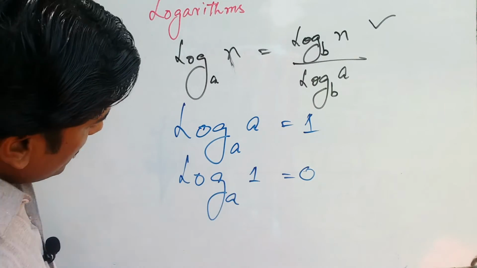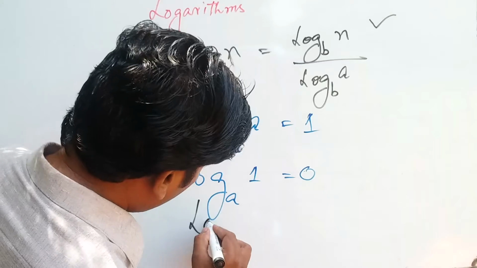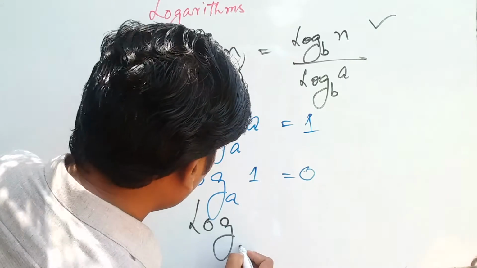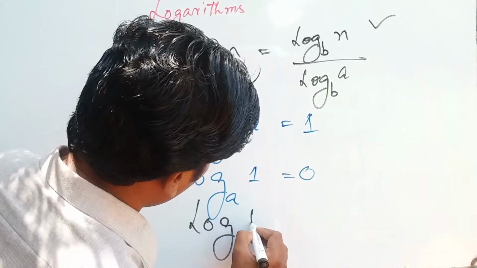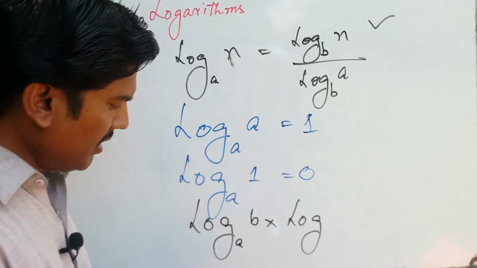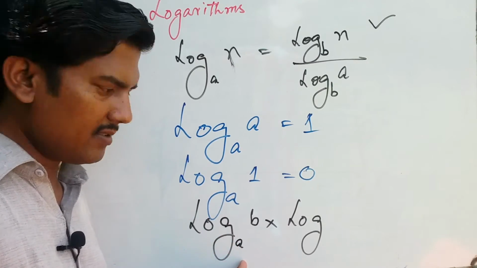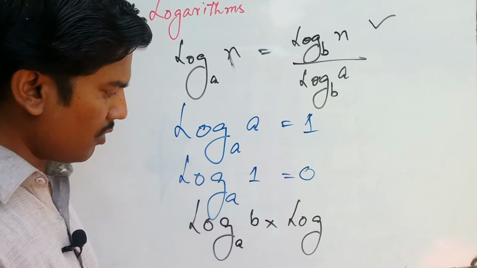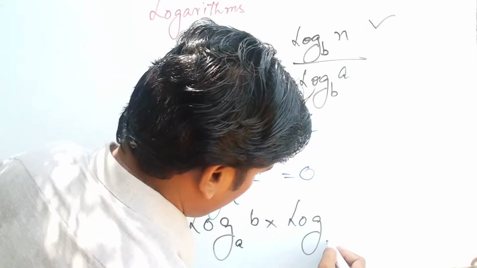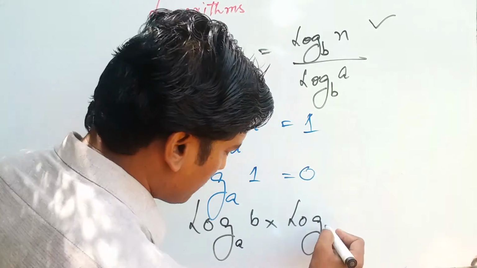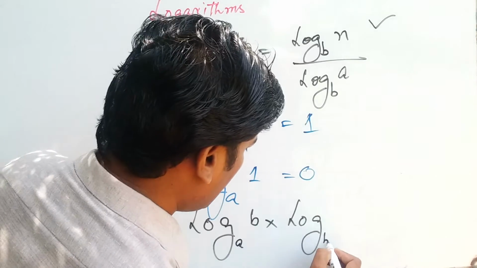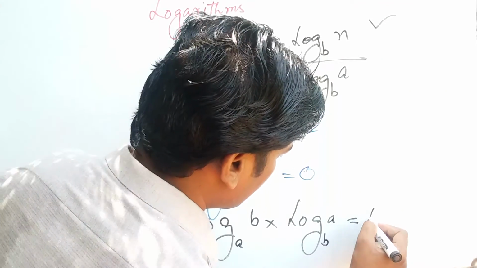And if we have two logs in which a is the base here and b is the number whose logarithm is being found, and its inverse, we can't say inverse, but if we say, it doesn't matter, b and a, this is always equal to 1.